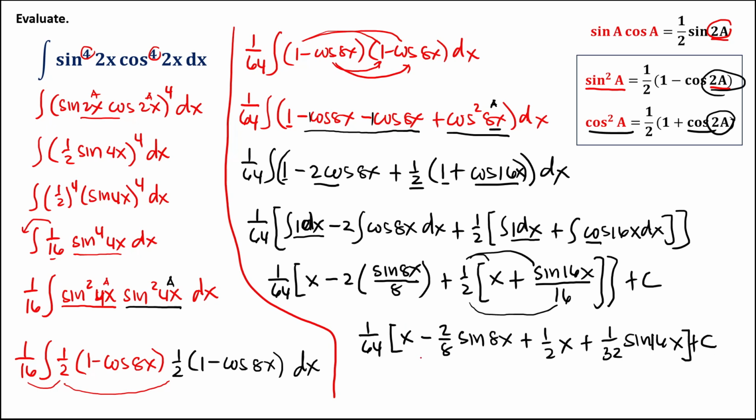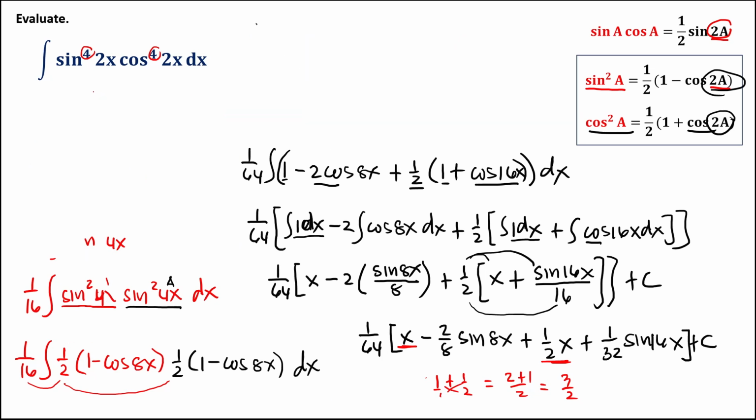Then observe that we can combine x and 1/2 x, so this is 1 plus 1/2, or 2 plus 1 over 2, which is equal to 3 over 2.